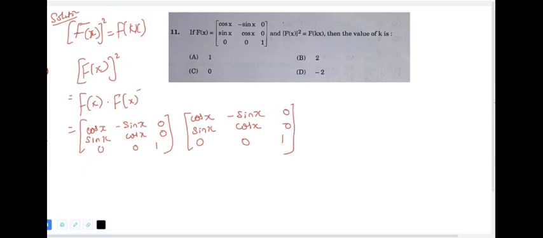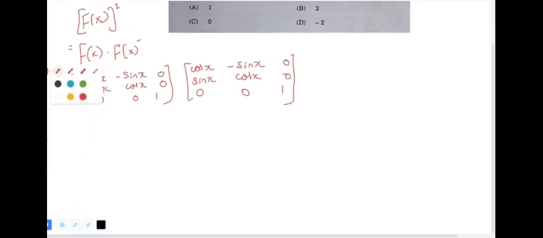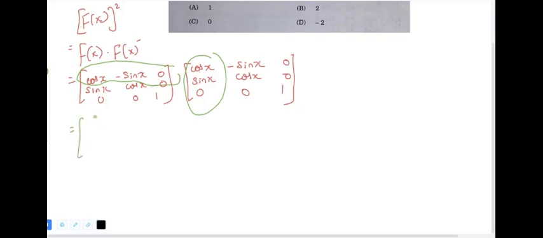So if you multiply these, first row, first column: cos x into cos x is cos square x, minus into plus is minus sin square x. Then 0 into 0 is 0, so no need of writing it.